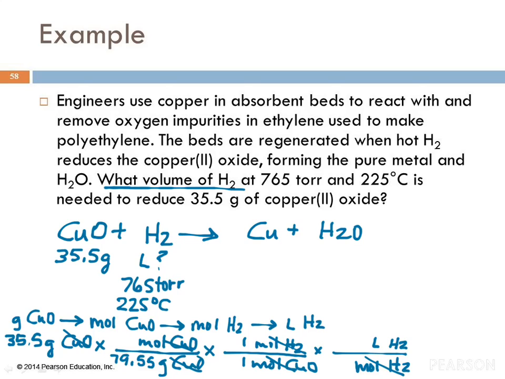To use it to find the volume, we need the number of moles, right? So maybe we're going to have to adjust our calculation a little bit here. If we stopped right here, what would we have? Moles of hydrogen. So I think that's what we need to do.